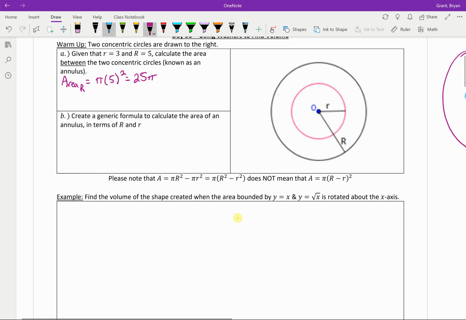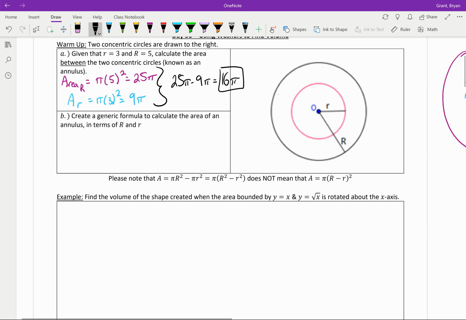And then we can do the same thing with our smaller circle, and that's going to be pi times 3 squared, which is 9 pi. To find the overall area of the annulus, we're just going to take that 25 pi, subtract 9 pi, and hopefully end up with 16 pi.